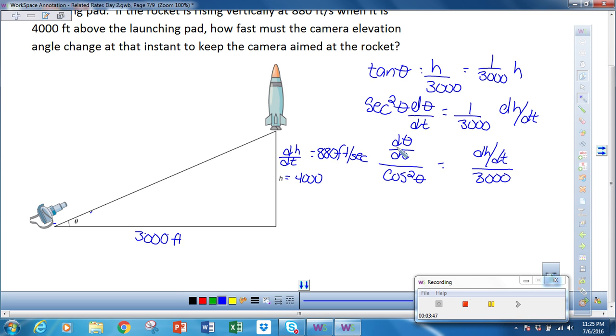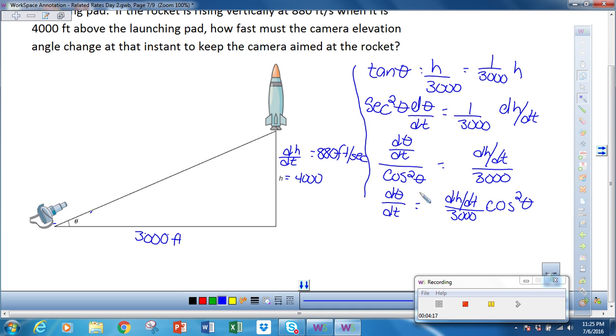Okay? So what we're trying to find is d theta dt when h is 4,000. So then this gives me d theta dt is equal to dH dt, which I have is 880, divided by 3,000 times, I can write this as cosine squared theta.